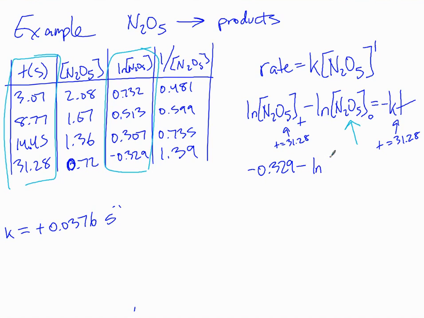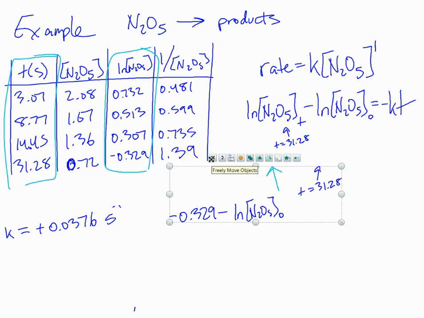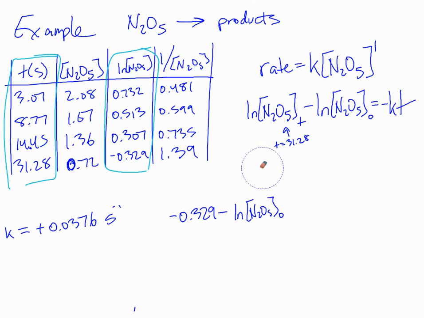Minus the natural log of the concentration at time 0 equals negative, here's our K value, and our time we're going to need is 30 seconds.